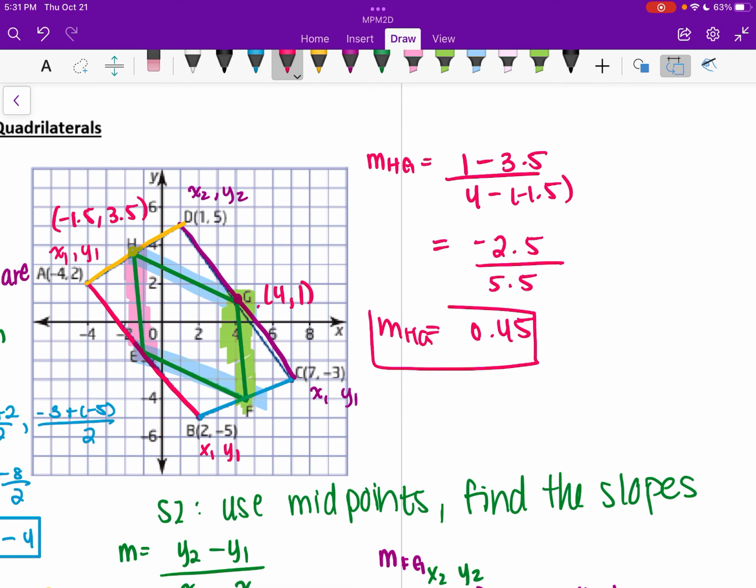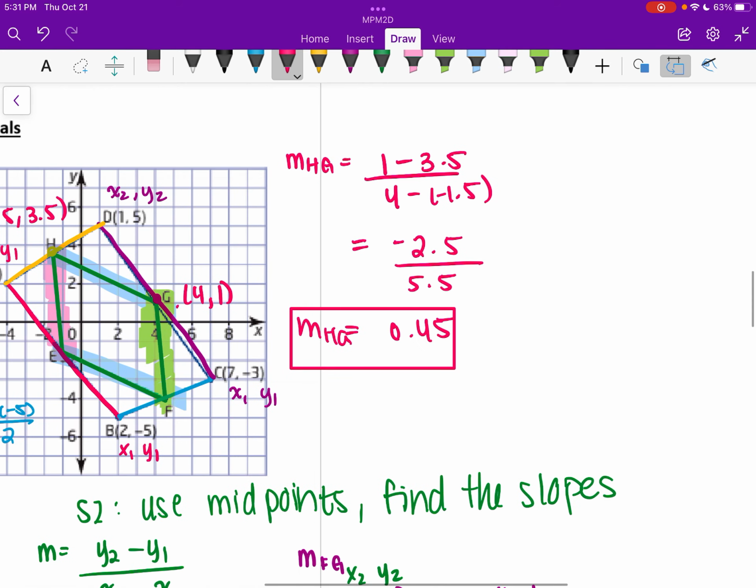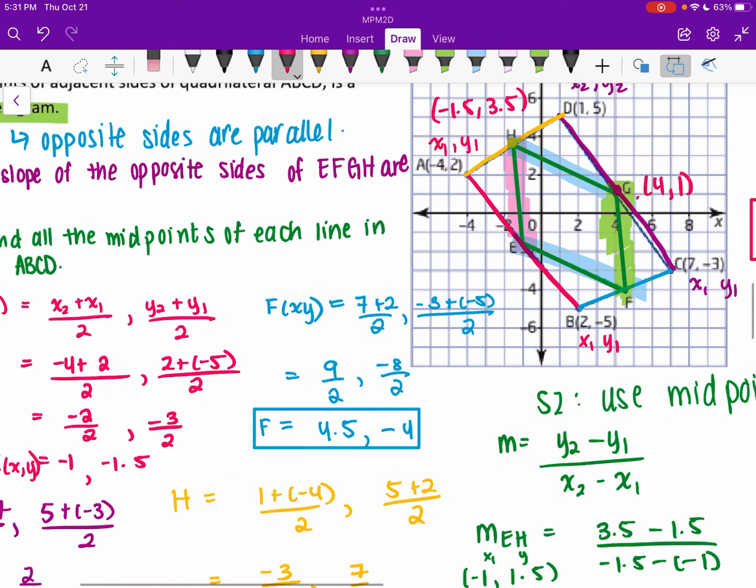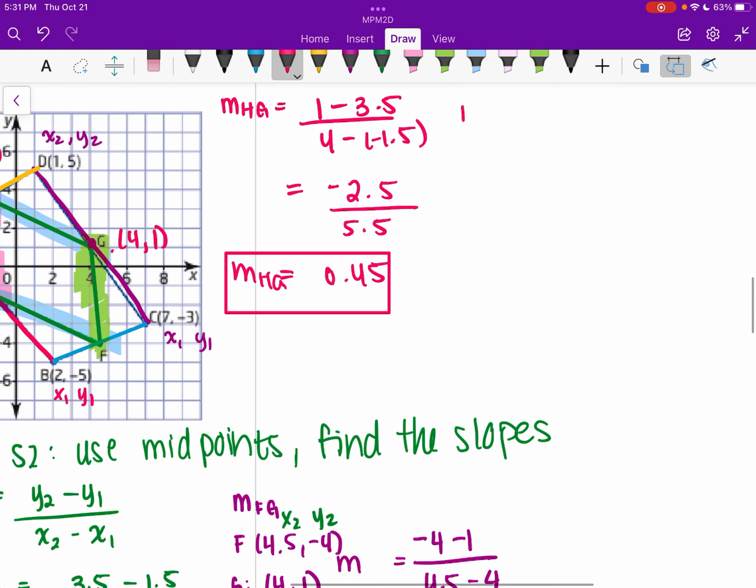Right, now that I have the slope of HG, I want to compare it to the slope of, sorry, not G and F. HG, I want to compare it to the opposite side, which is going to be EF, right? So let's go ahead, find that. Slope EF is equal to y2 minus y1.